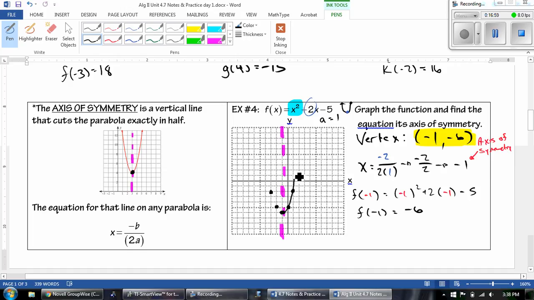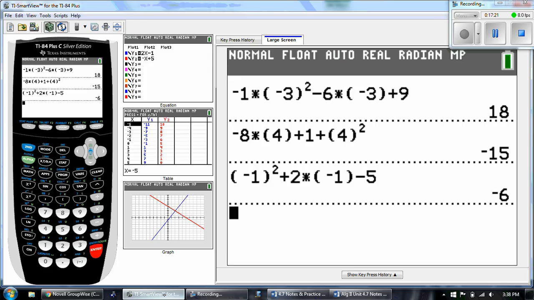Okay, and we're just following the pattern that we talked about at the beginning. Okay, so I'm going to write that again, that we went up 1 over 1, up 4 over 2.